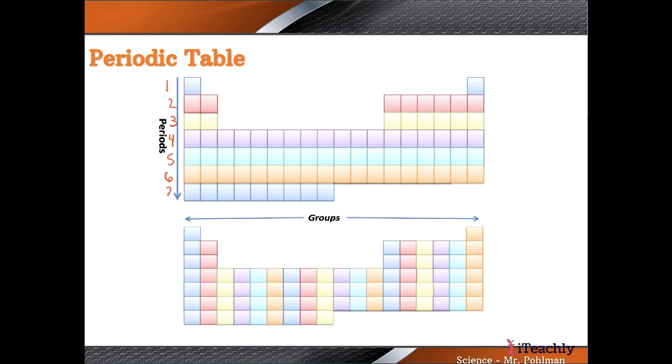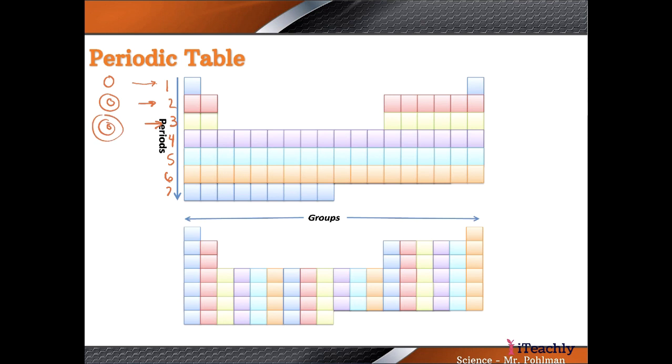So in period 1, n equals 1, remember this is the principal quantum number right here. That's going to tell you the number of energy levels. So hydrogen and helium, they're only going to have one energy level. In n equals 2, principal quantum number 2, second row, what does that mean? This one has 2 energy levels. And then this one has 3 energy levels, and so forth and so on.